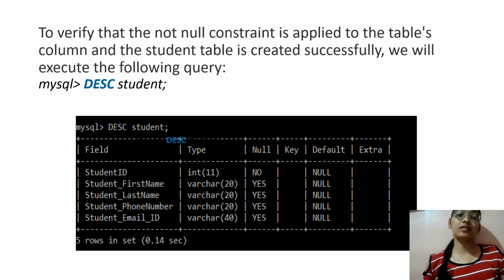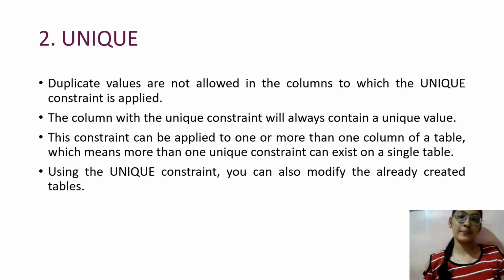To verify that the not null constraint is applied to the table's column and the student table is created successfully, we will execute the following query, that is DESC student. We can apply this code in SQL, MySQL, or some other databases.